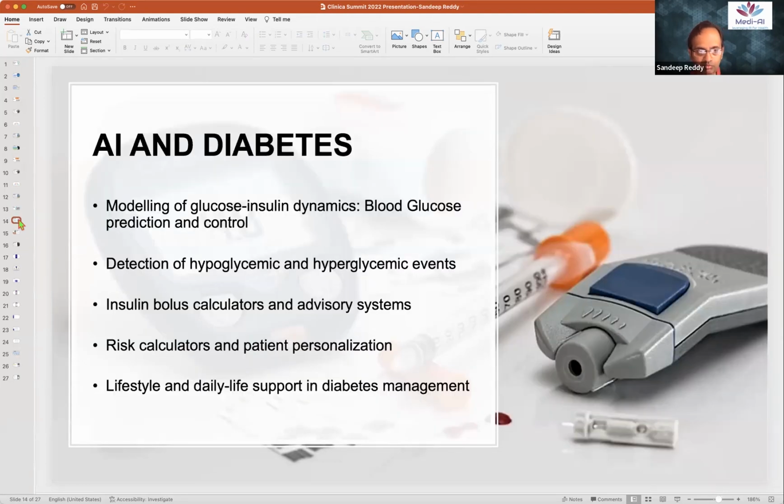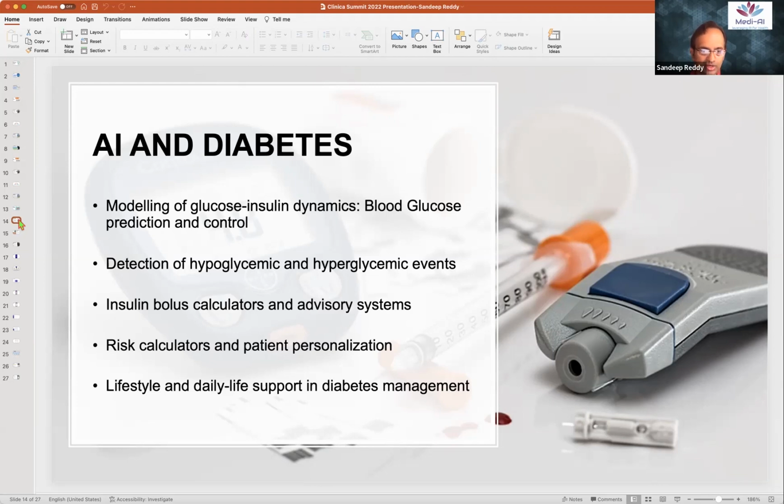Now, if you look at the range of artificial intelligence applications targeted to address diabetes, both type 1 and type 2, we have applications that can help with blood glucose prediction and control. We also have applications that can detect hypoglycemic and hyperglycemic events, which can both be quite dangerous and risky for patients. We also have machine learning applications that can help with insulin bolus calculations.